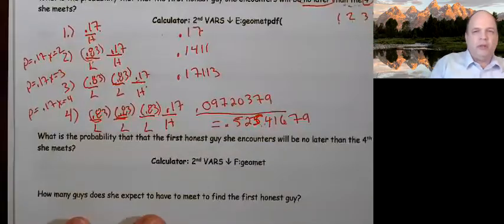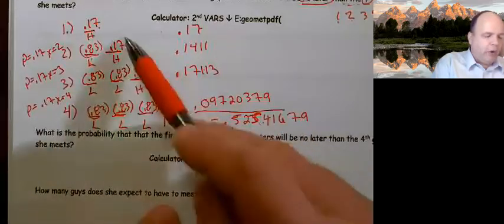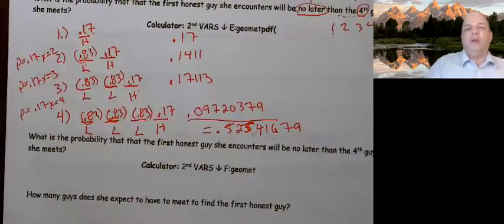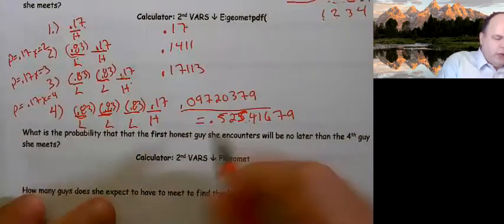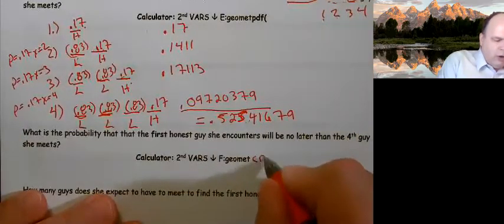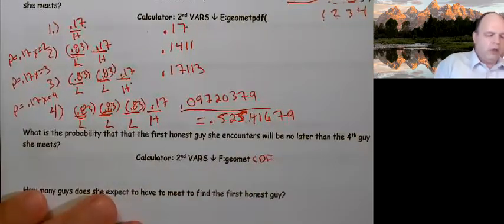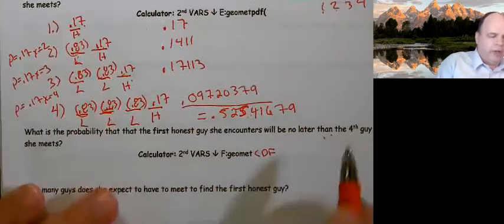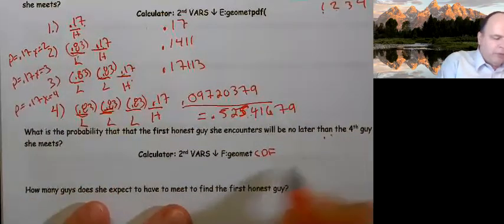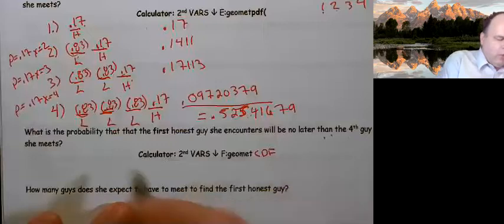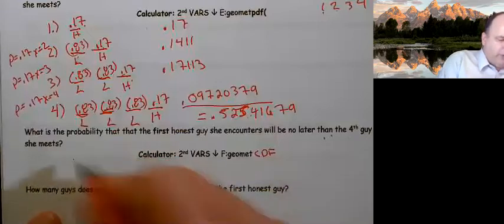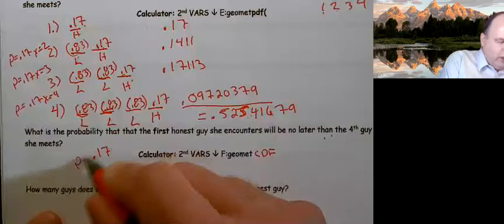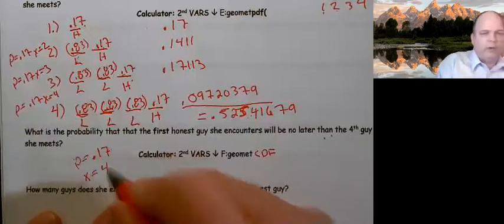But remember this, that was a PDF. We added up all these PDFs. If you add up all the PDFs, what you're really doing is a geometric CDF. So we're going to do the same thing, but with a geometric CDF. And remember, we have a probability of success is 0.17, so that's what P is. But the X needs to be on the fourth value.